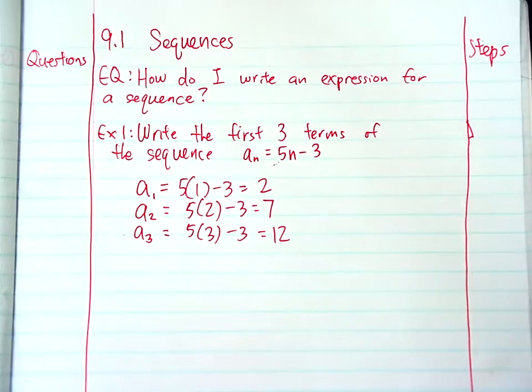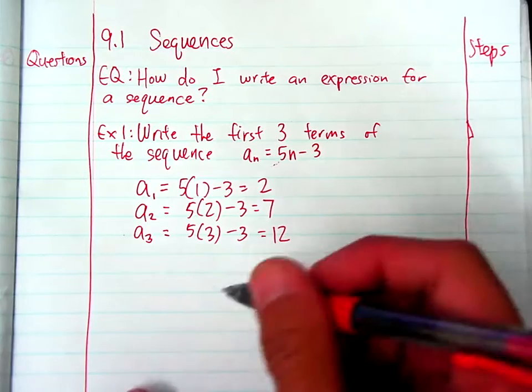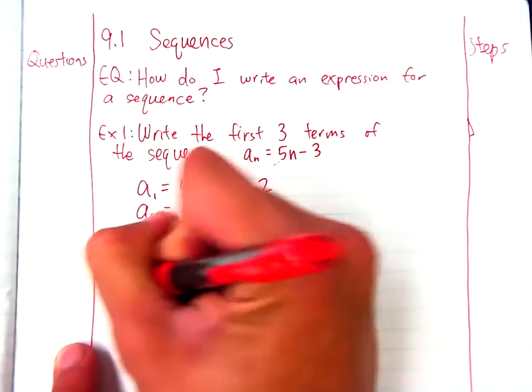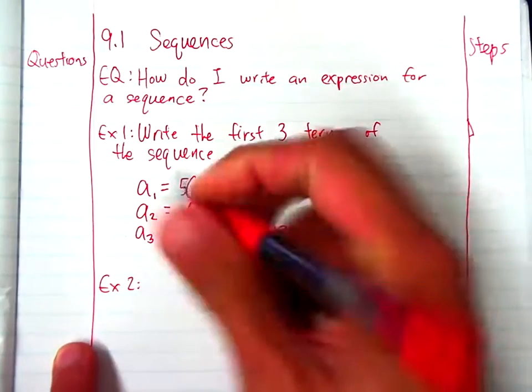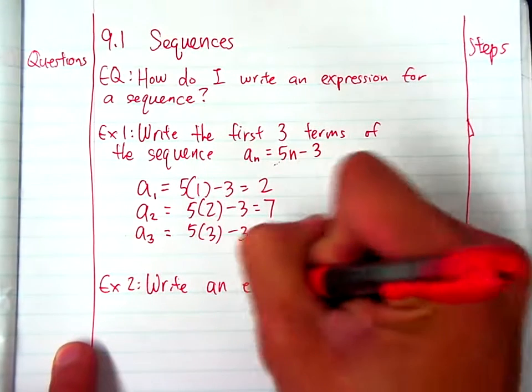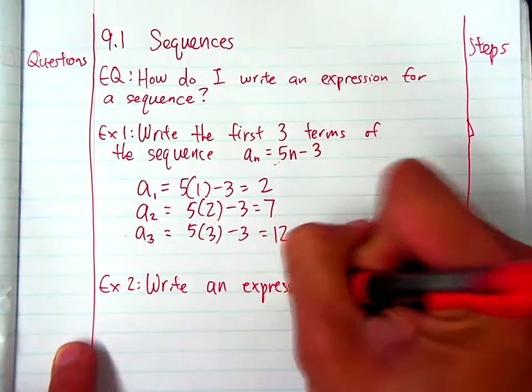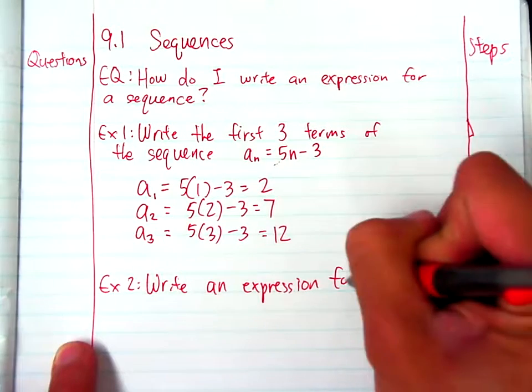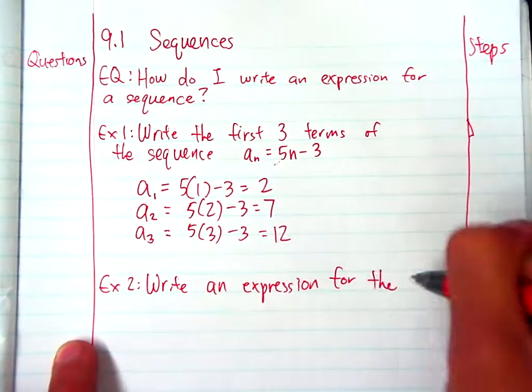The other thing you're going to do today is you're going to actually write a rule for the sequence. So we're going to go backwards. So it says write an expression for the following sequence.